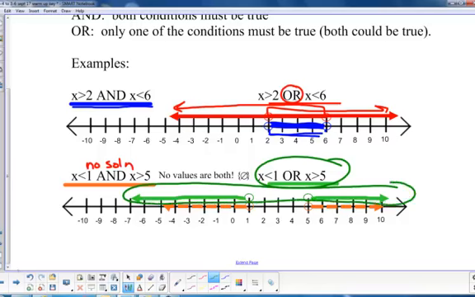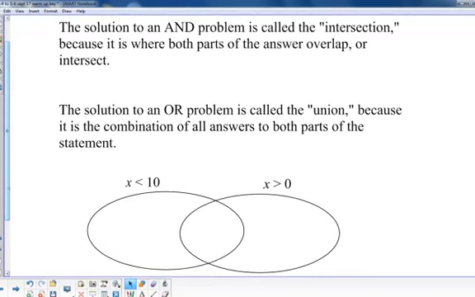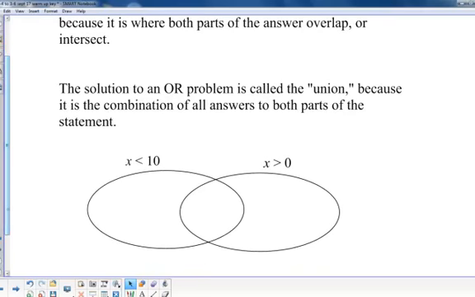The first one is no solution because there's no place that the two orange ones both lay. So an "and" is an intersection, and an "or" is called a union. So if you have numbers less than 10, if you think about these numbers, I'm still going to graph it. I think it's easier.